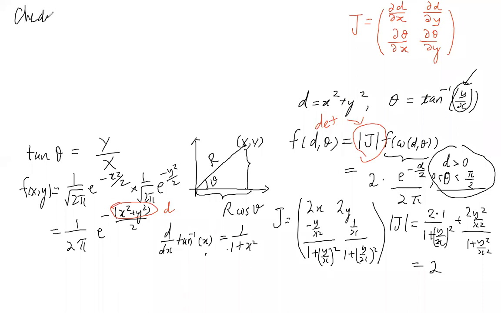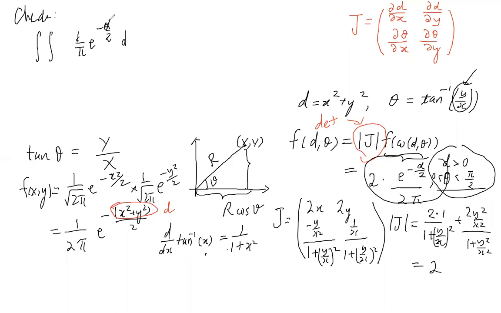Okay, just check. Do the double integral of this whole thing here, right? So that's 1 over pi e of this d.